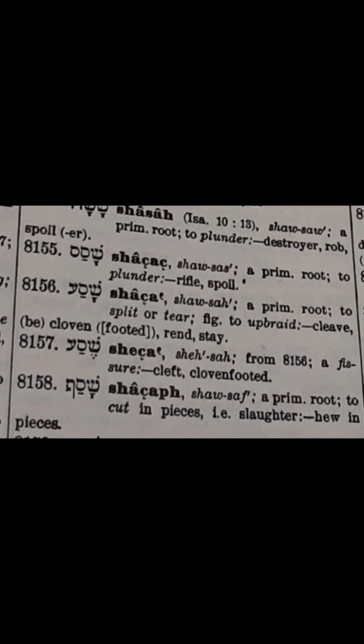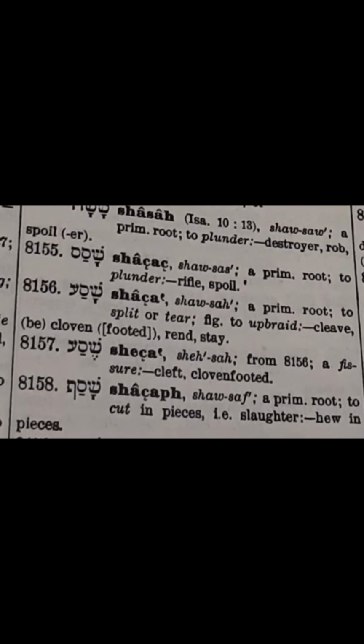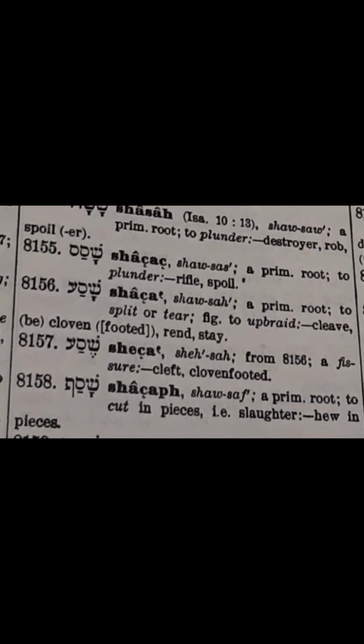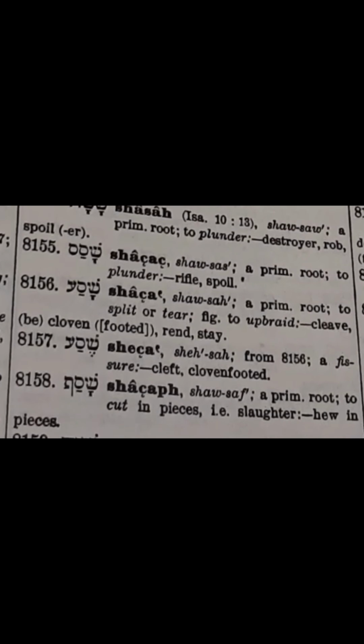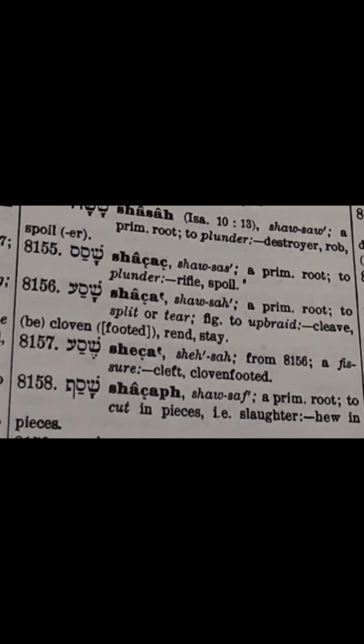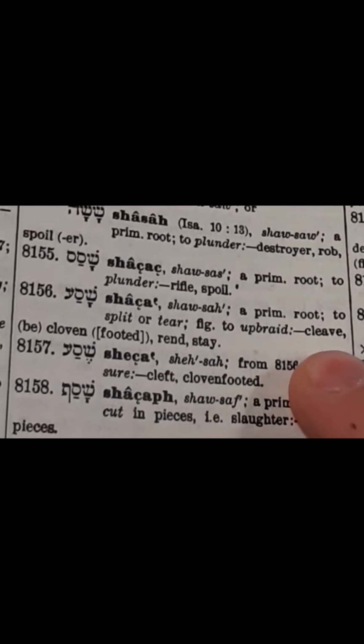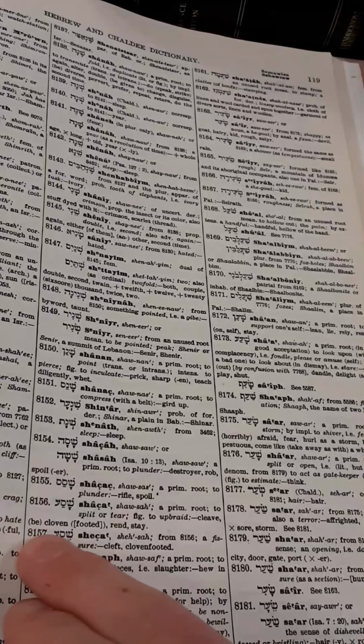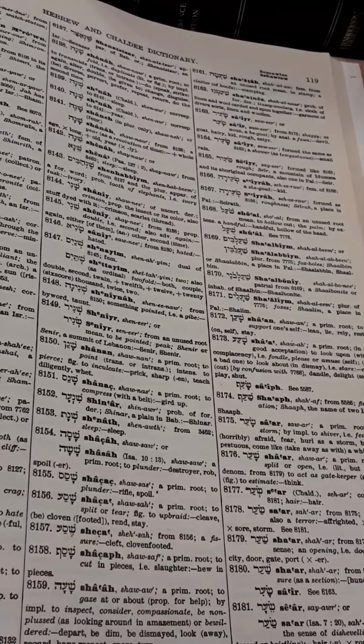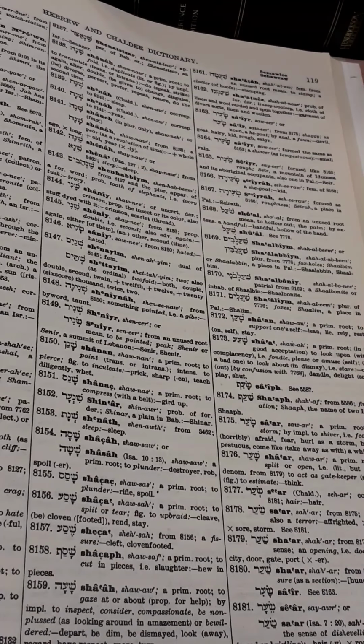Okay, so now what are we going to do? Because we have to keep the Bible in context, and we don't want to go solely off of this dictionary. So now what we're going to do is we already looked up the word cleave, so now we're going to look up one of these words. So I'm going to use the word rend.